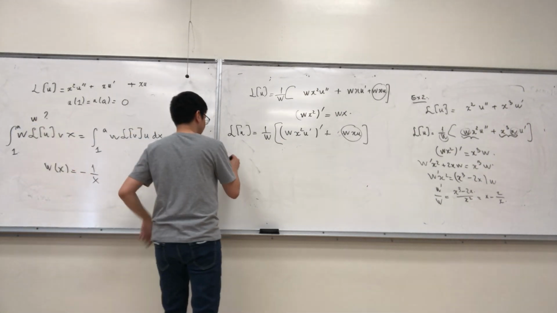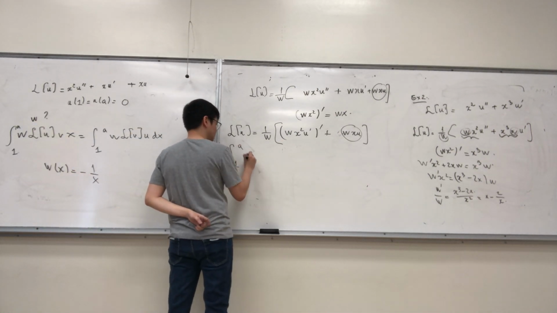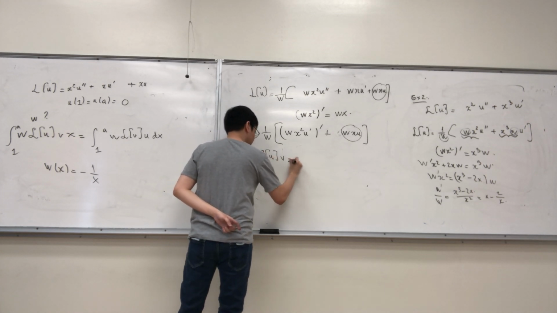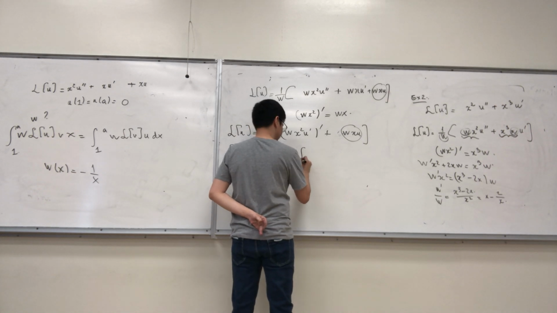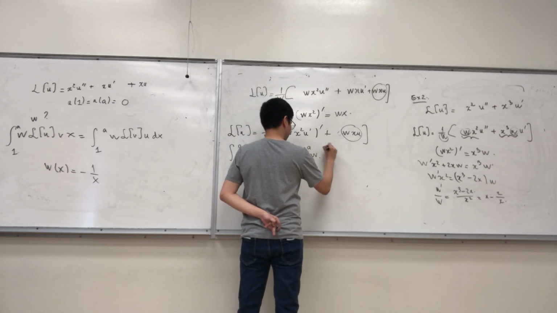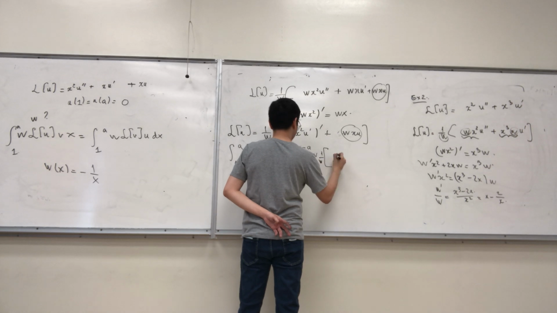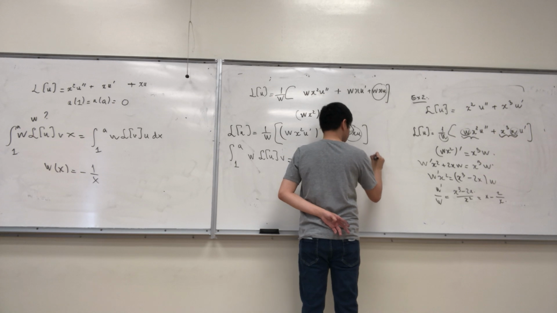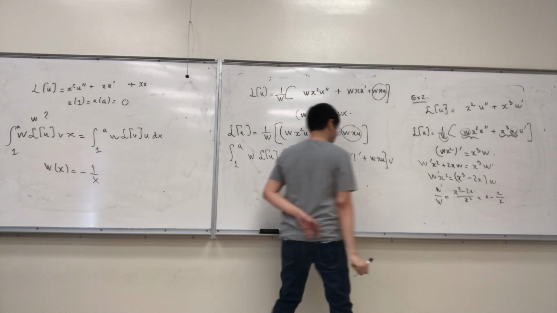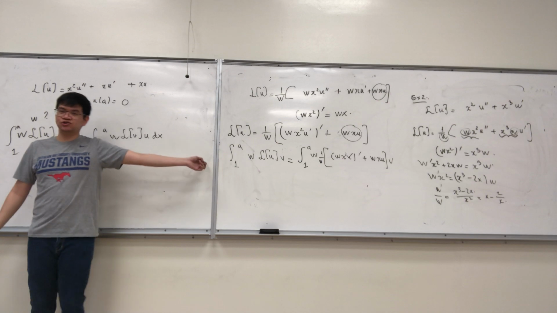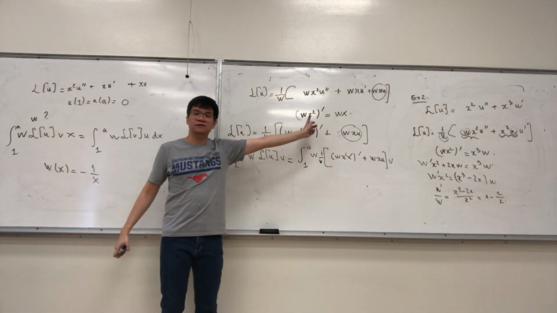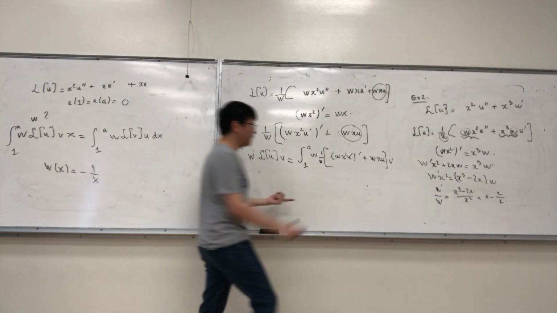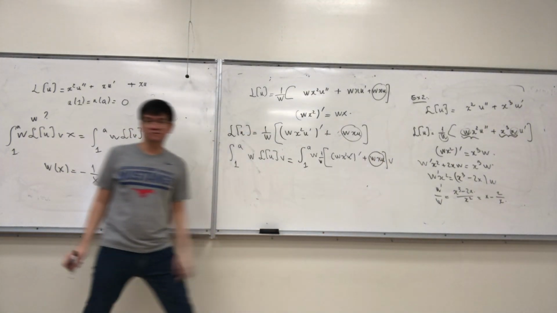Why is it? When you have the integral from 1 to a of w Lu v, it is the integral of w times 1 over w times (w x squared u')' plus w x u. I'm going to show you that, this way, the operator is still self-adjoint. I'm going to do the same thing as before, except that I have this new term.